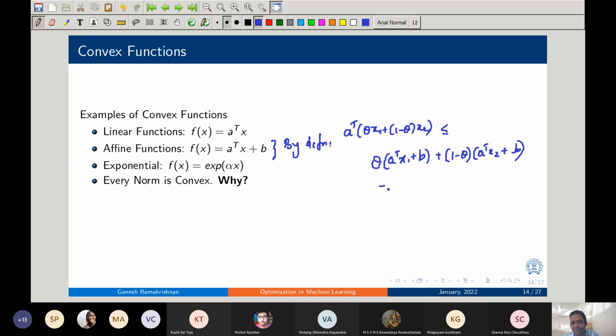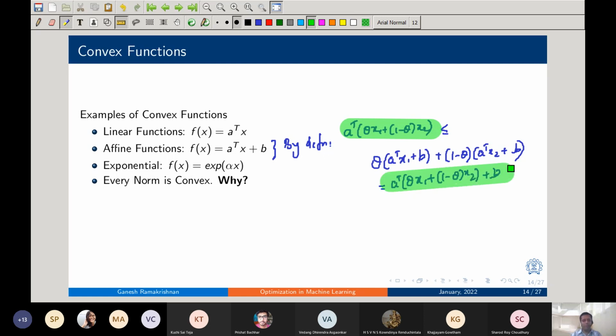This is just because the right hand side now turns out to be A transpose times theta x1 plus 1 minus theta x2, plus B. You'll have 1 minus theta B plus theta B, which would just become B, which is the same as the left hand side. So we don't have a problem here at all. This is the same expression.